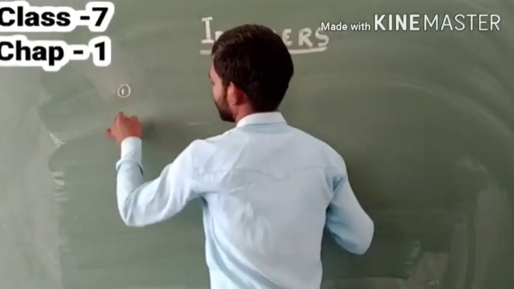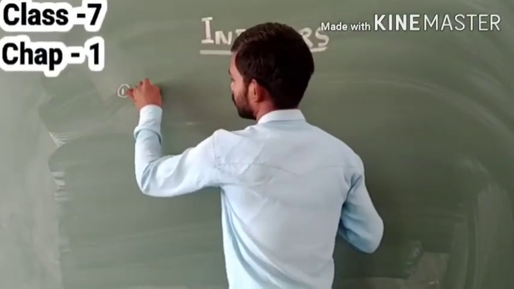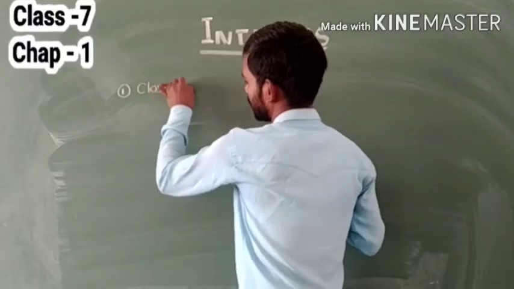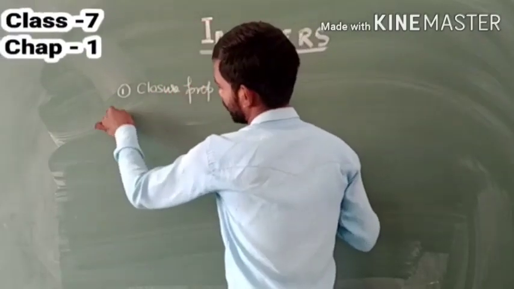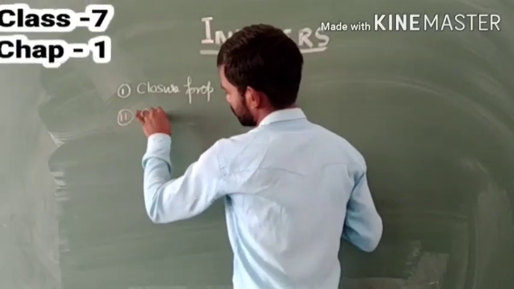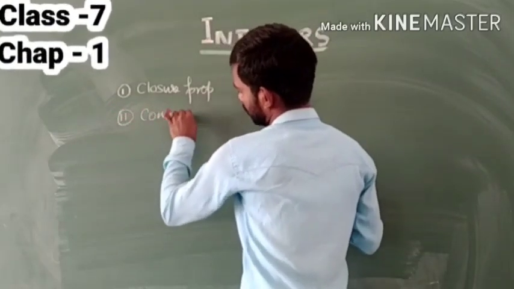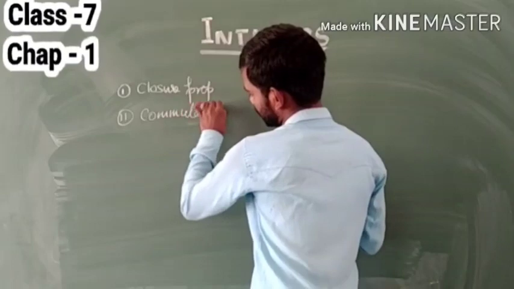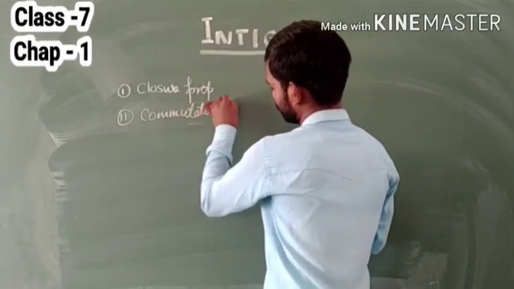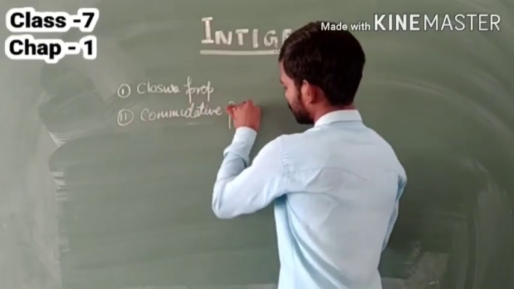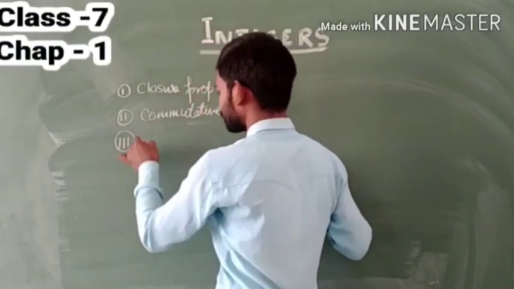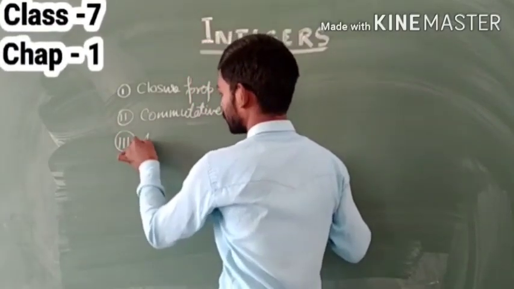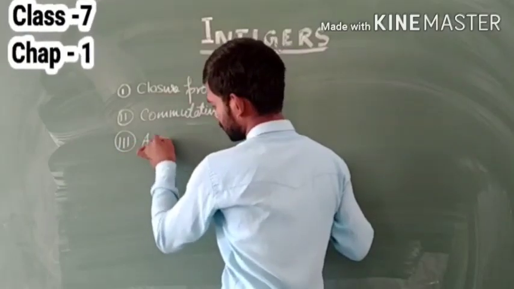The first was closure property. The second is commutative property. The third is associative property.